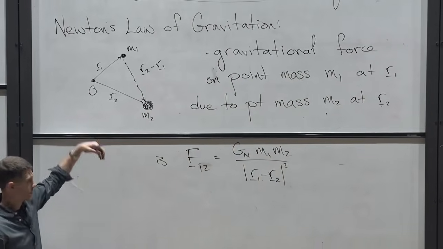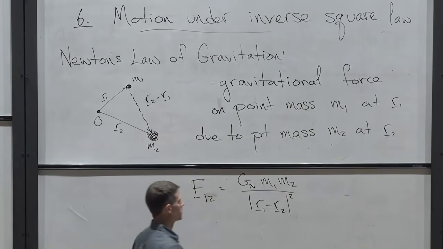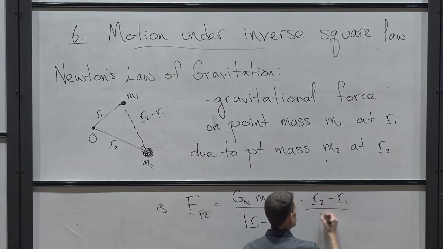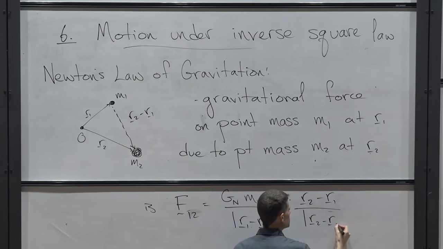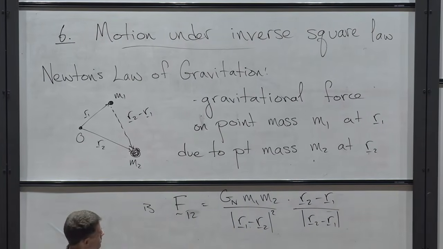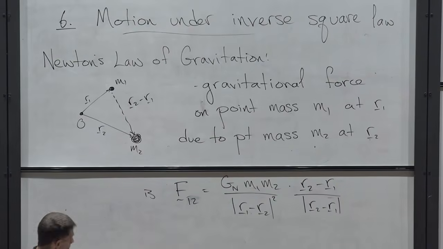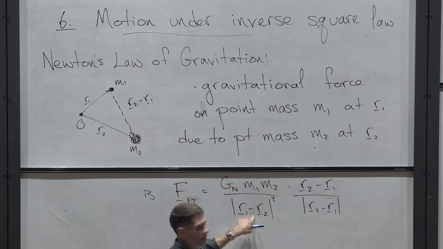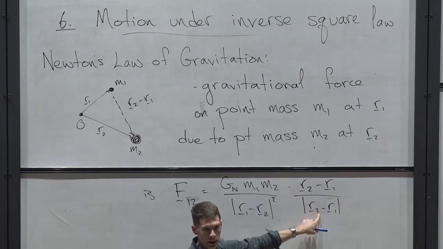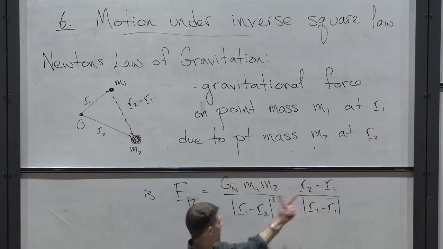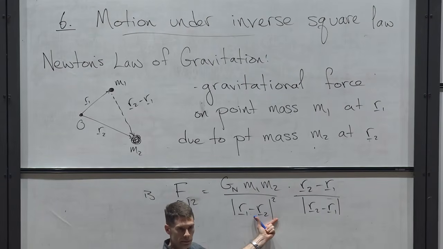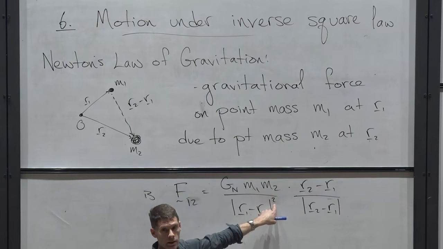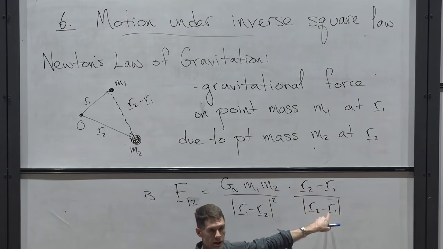And I need to make that a unit vector since I've already taken care of the magnitude here. So of course we can bring that together, and I can write it as r2 minus r1 over the magnitude cubed, but it's a bit nicer to write it this way because it reminds us that really the magnitude of the force goes with the square of the distance between them, and this is just needed to make it a unit vector.